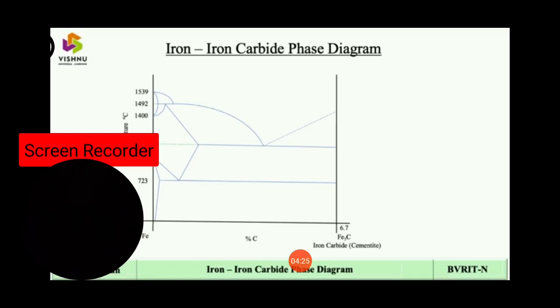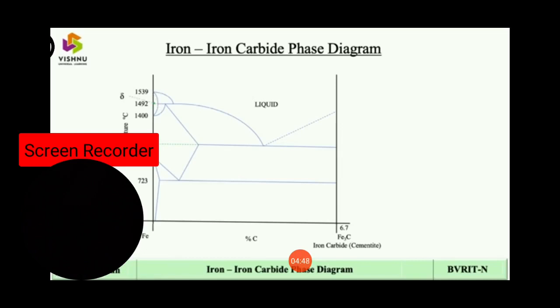Now, like I said, above 1539 degrees centigrade we have liquid. This line is our liquidus line, above which everything will be in the liquid state. Then below 1539 degrees centigrade, at this location, you'll get delta iron.